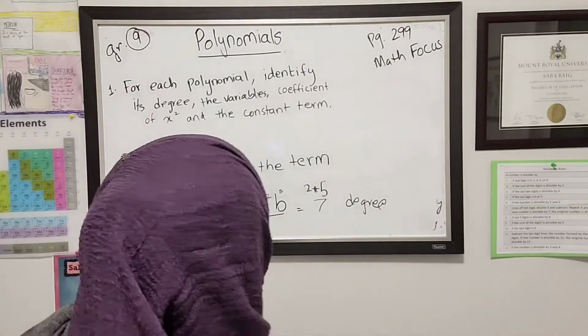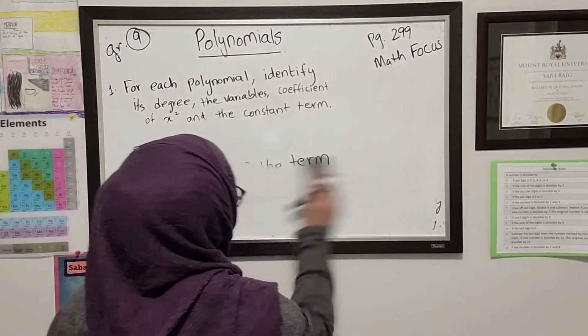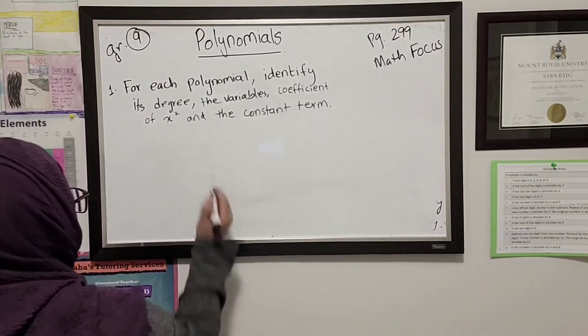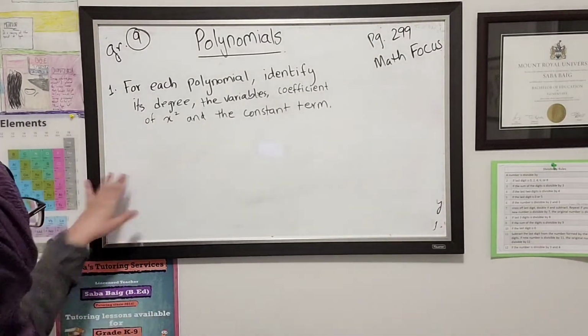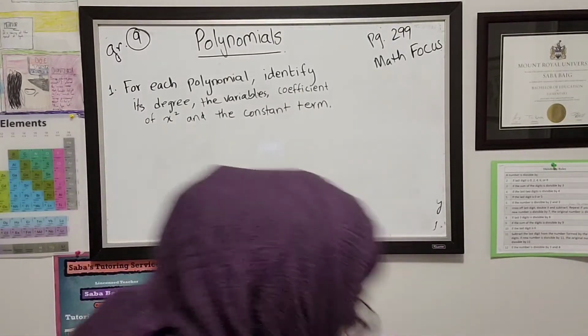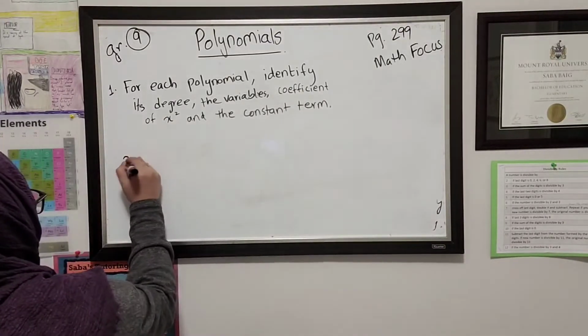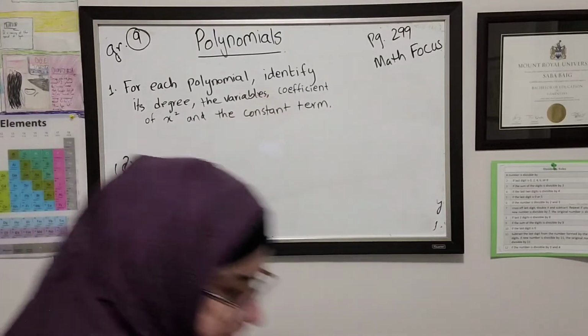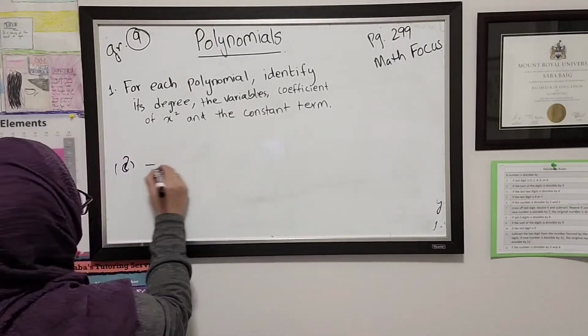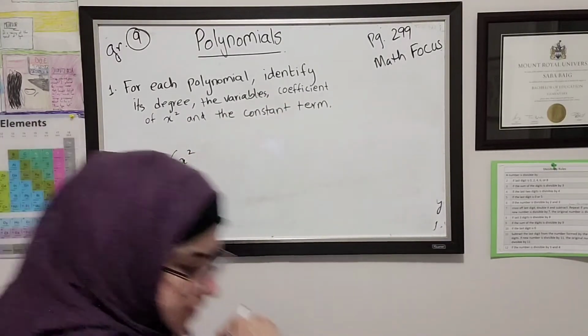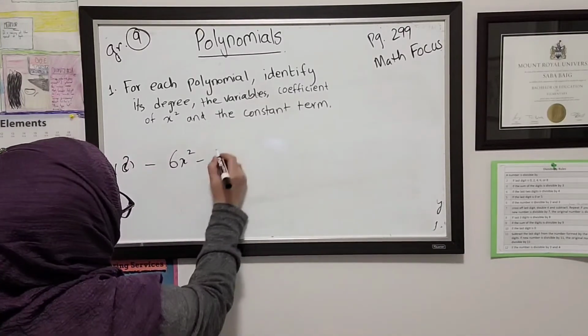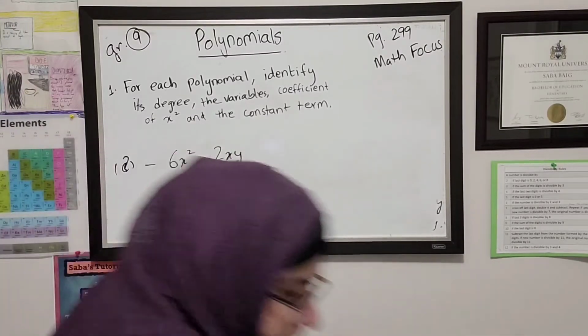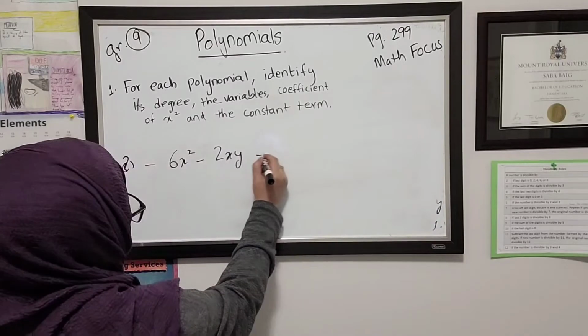I'll do some examples to make you understand more clearly. I'm going to take the question from the textbook, from page 299. Our first question is negative 6x squared minus 2xy plus 5.